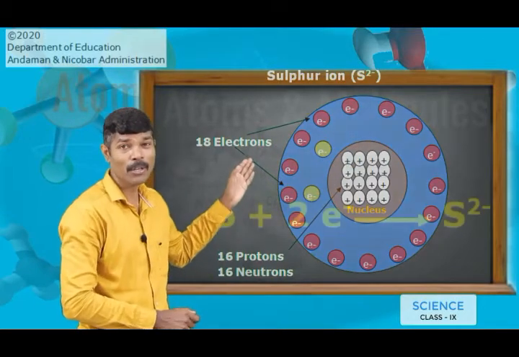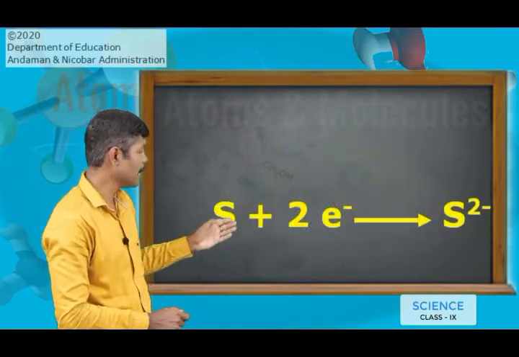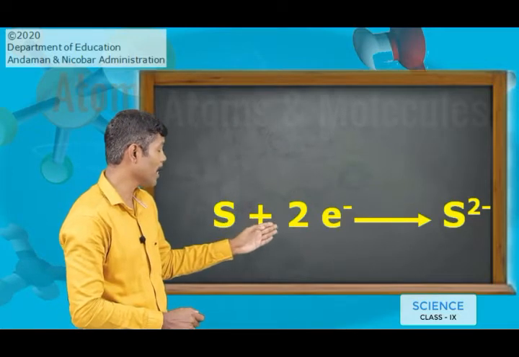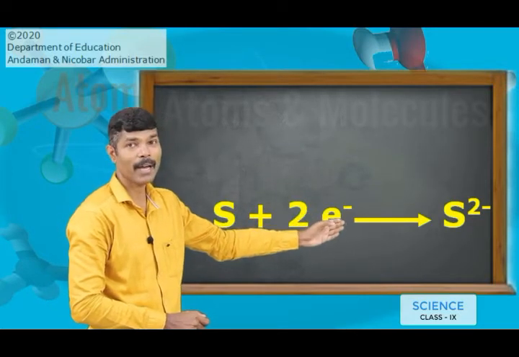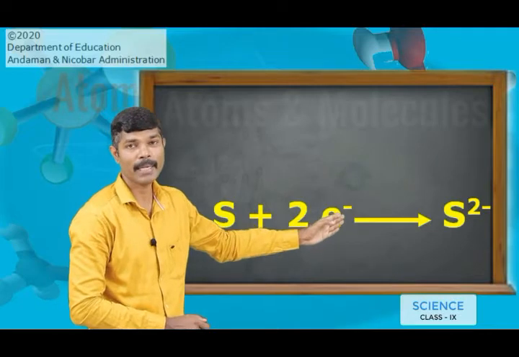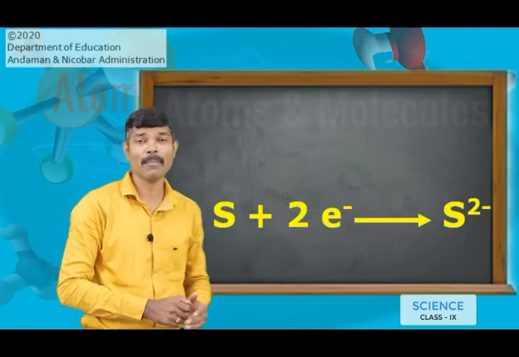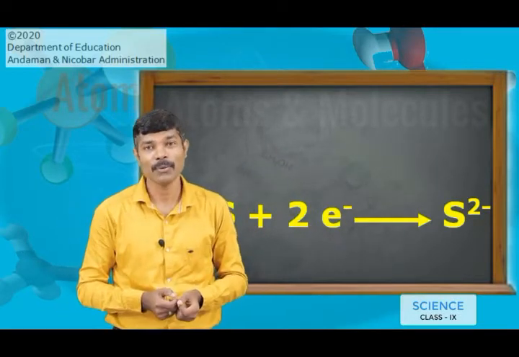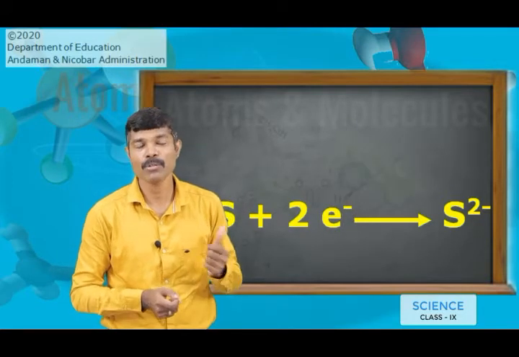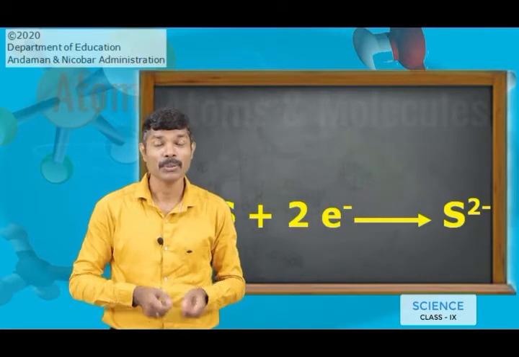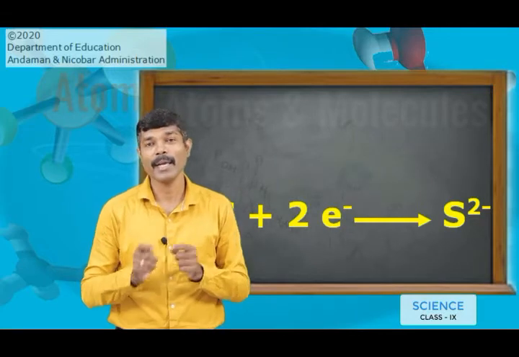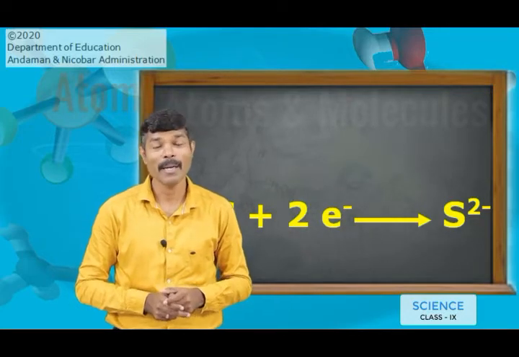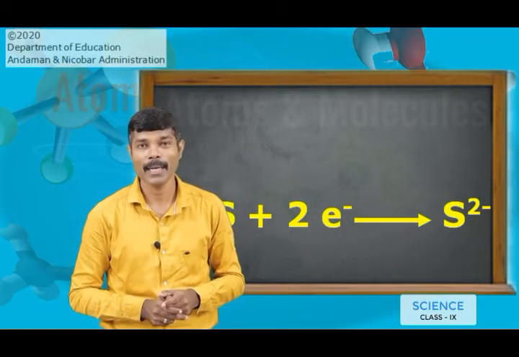So the formation of the ion can be represented as sulfur gaining 2 electrons. Here we get the sulfide ion, S 2 minus. So the ion is formed by gaining of electrons, so we call the ion so formed an anion. So this way positive and negative ions are formed by losing or gaining of electrons.